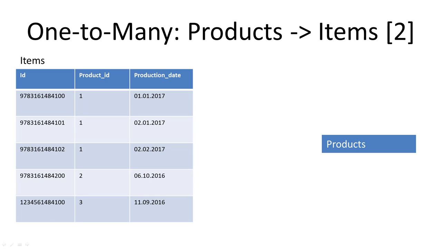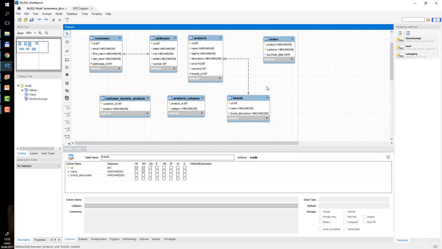Let's move on and update the DB design. So here we are again. And I think the easiest way to do it is to add the items table.